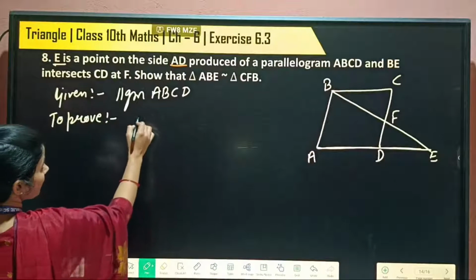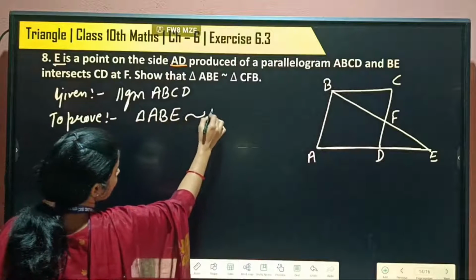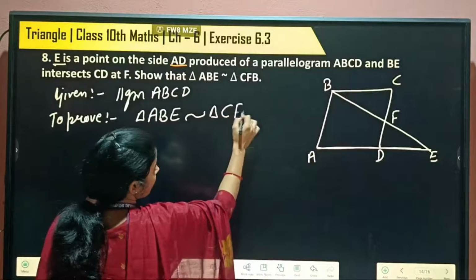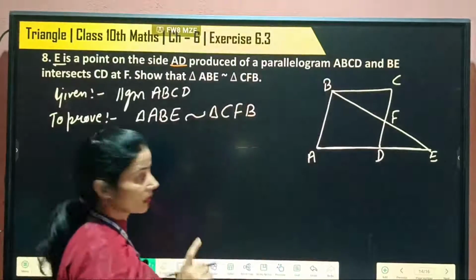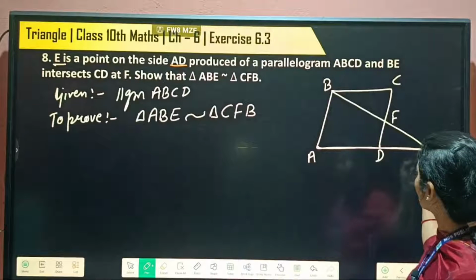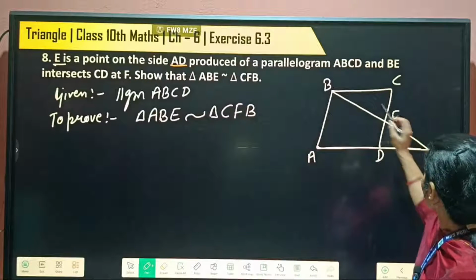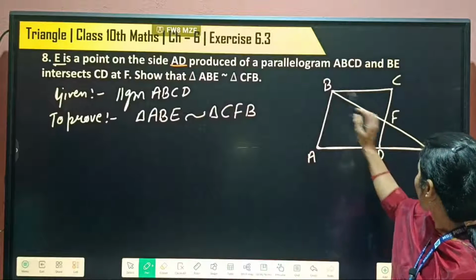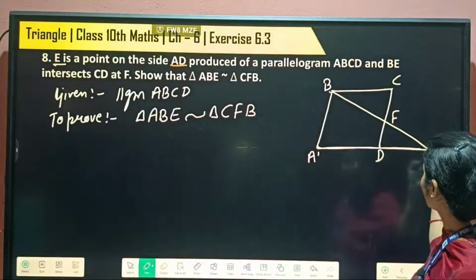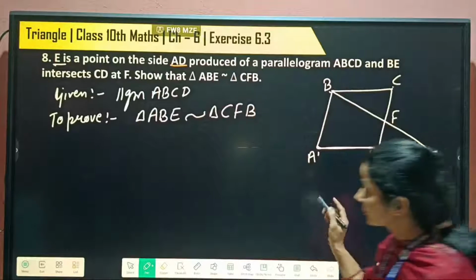To prove is triangle ABE is similar to triangle CFB. Let us identify which triangles he is saying. ABE, this one triangle, and CFB. ABE triangle and CFB. These two triangles we have to prove similar.